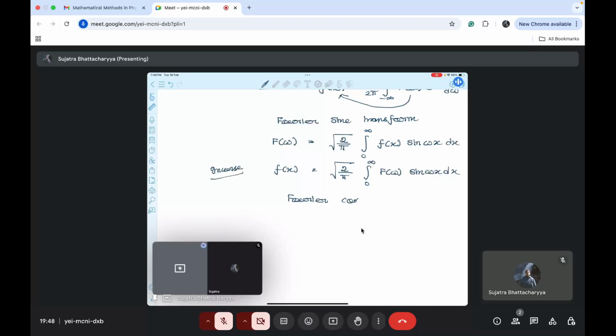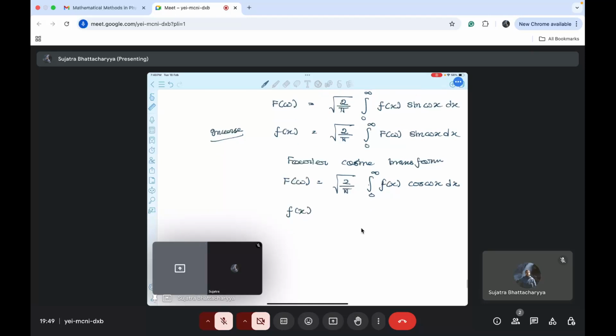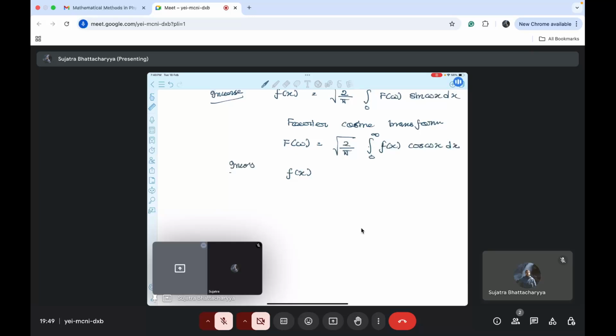The Fourier cosine transform is the same actually. There is no difference. So you have f of omega as root of 2 by pi, integral from 0 to infinity of f(x) cos omega x dx, and the inverse one is simply root 2 by pi, integral from 0 to infinity of f of omega cos omega x d omega.